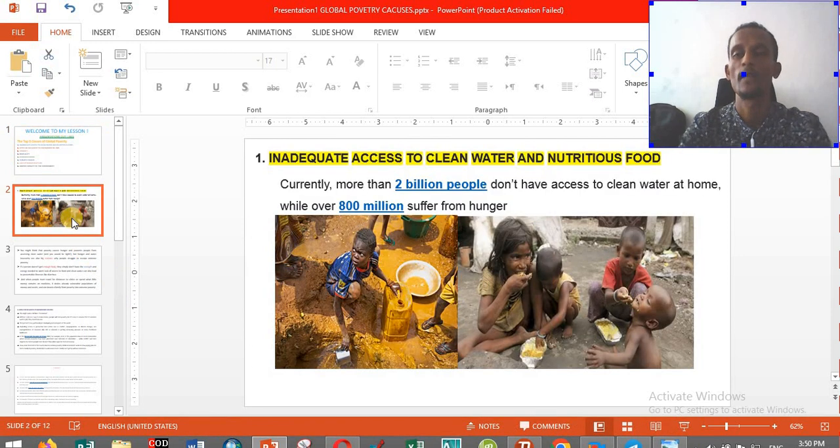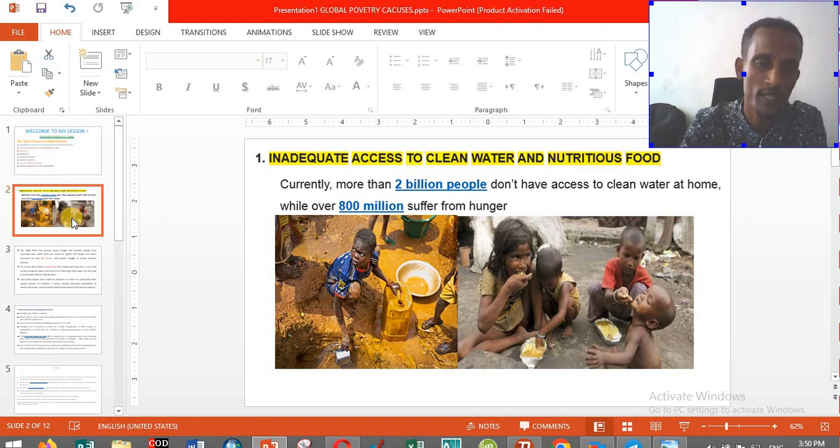Here, number 1, inadequate access to clean water and nutritious food. Currently more than 2 billion people don't have access to clean water at home, while over 800 million suffer from hunger.